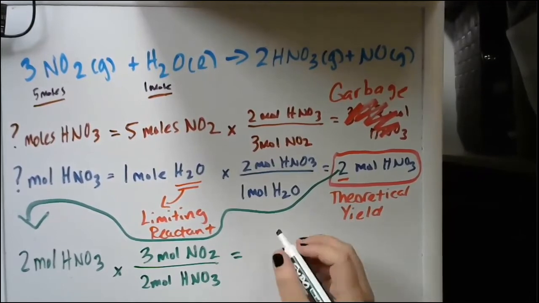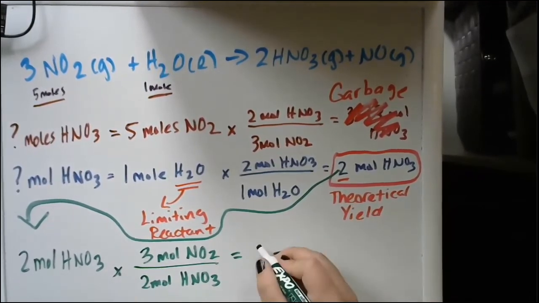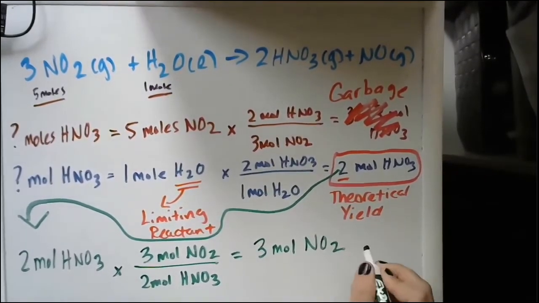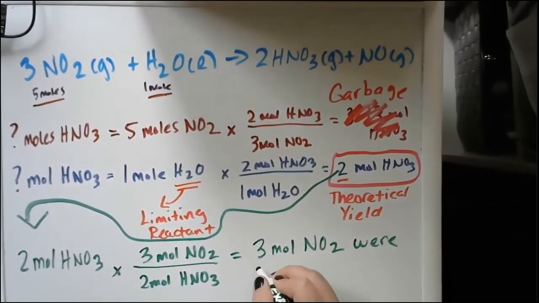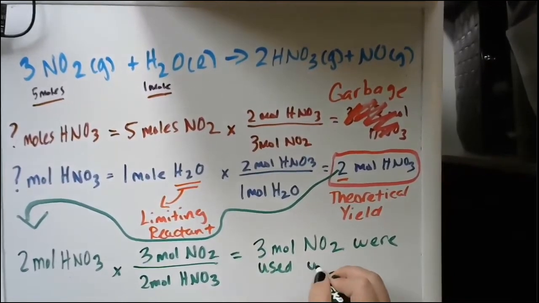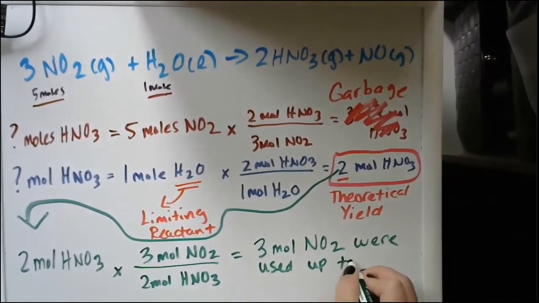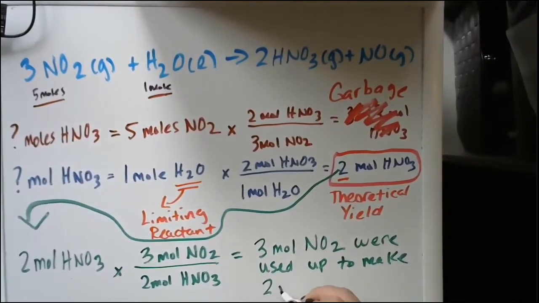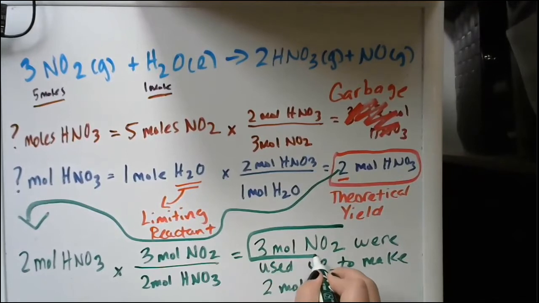That means that 3 moles of NO2 were used up to make the theoretical yield. Okay. This value of our used up NO2 is not our excess amount though.